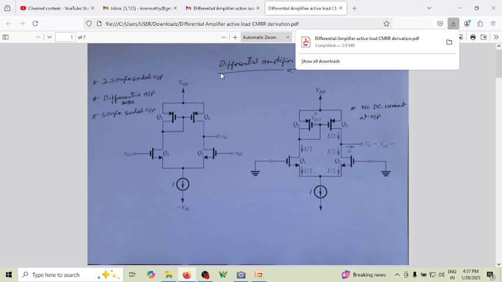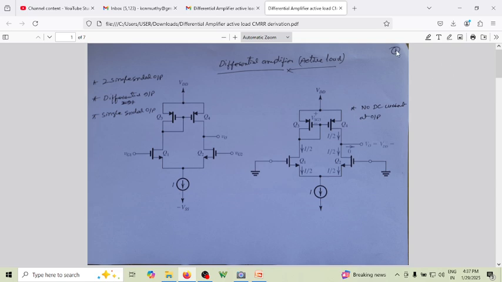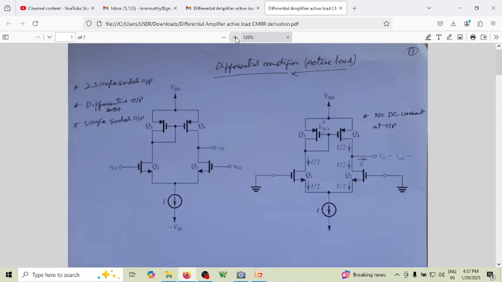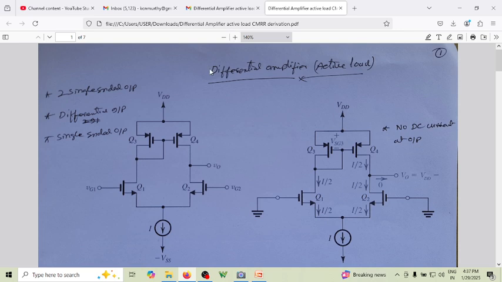This is all material which is there in the textbook. I'm just borrowing the circuit diagram from the textbook. Let me just zoom it up. Now this is the exact circuit. Instead of writing M1, M2, it is written as Q1, Q2, Q3, Q4. You can see this is VDD, this is minus VSS.